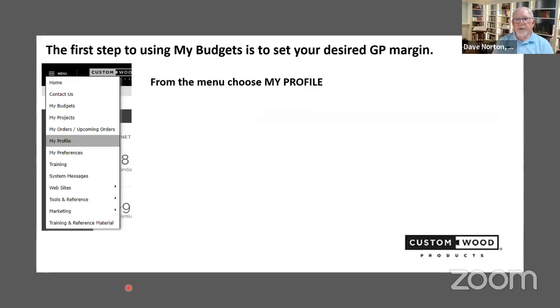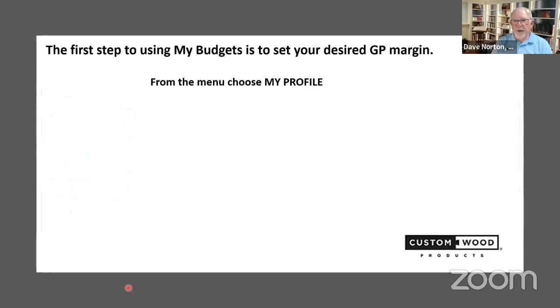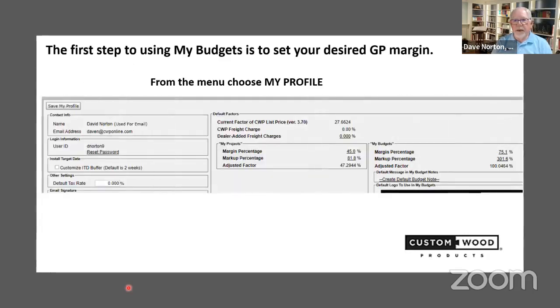So the first step to using My Budgets is to set your desired gross profit margin. You can do this by starting with My Profile. When you click on My Profile, it's going to bring up an information sheet.